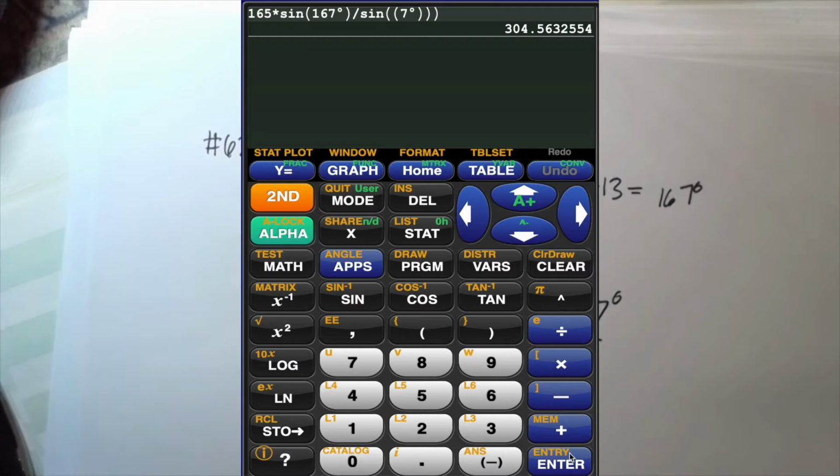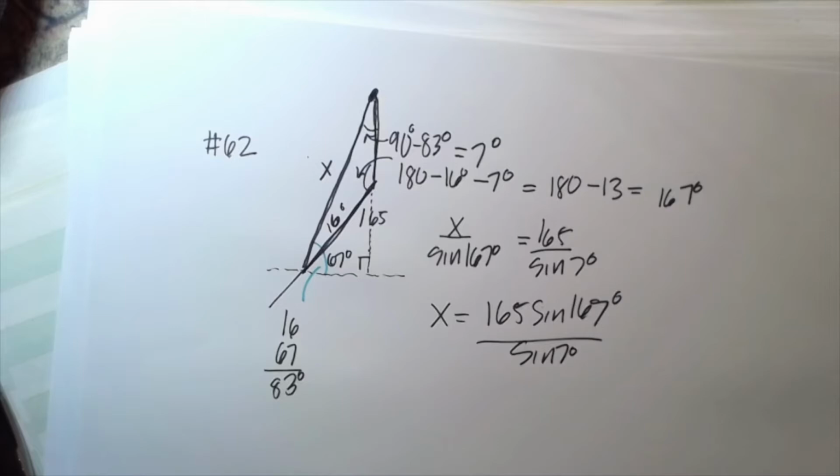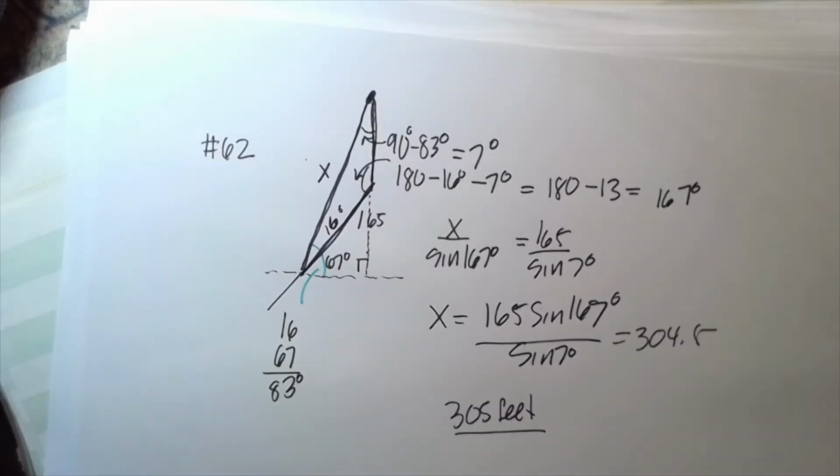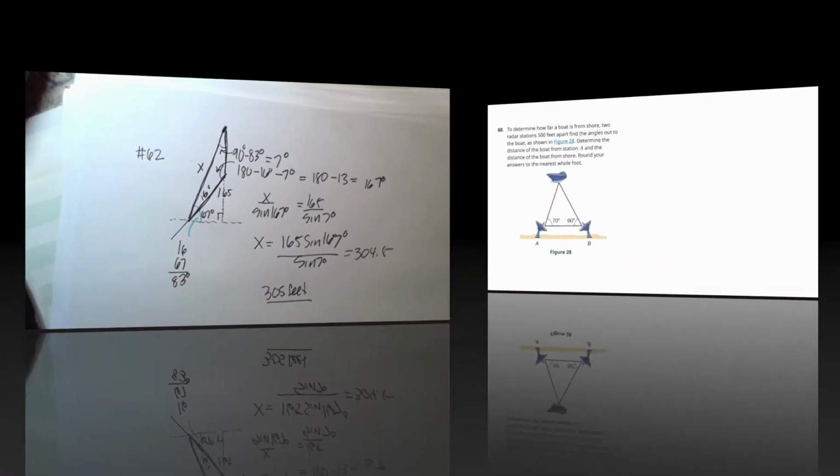I believe the directions said round to the nearest integer, so 305 feet. So we have 305 feet when we round off to the nearest integer.